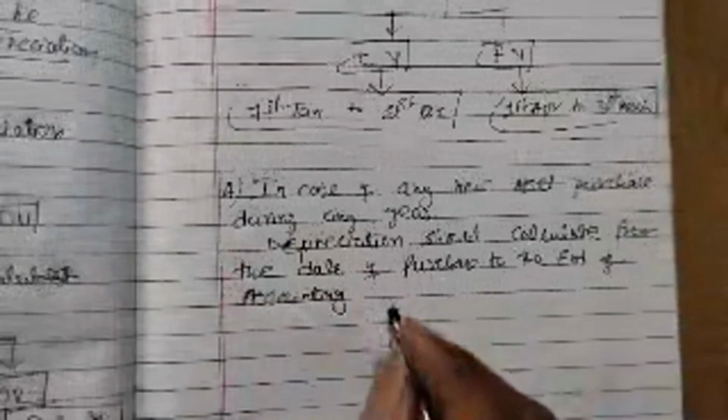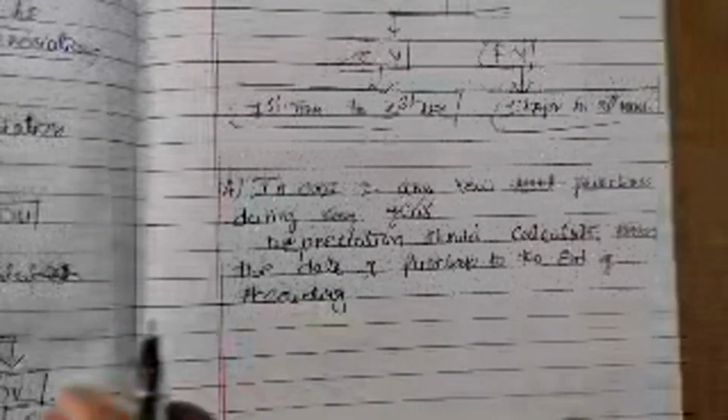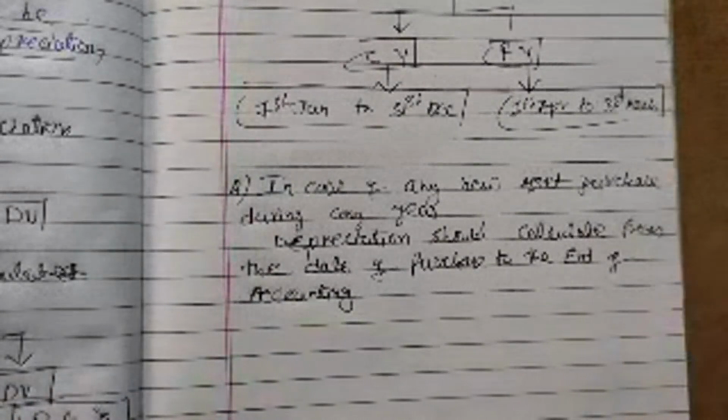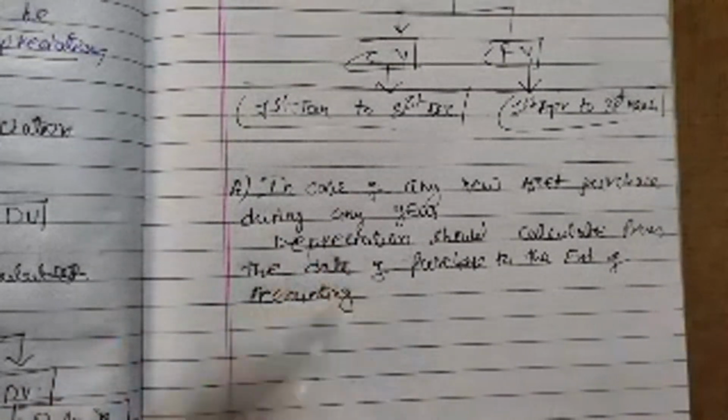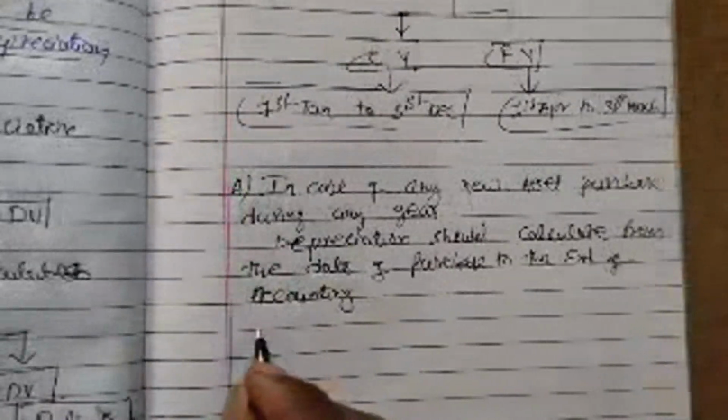From which date he has purchased? Suppose a new asset has been purchased in the month of, say, September 1st, you purchased.